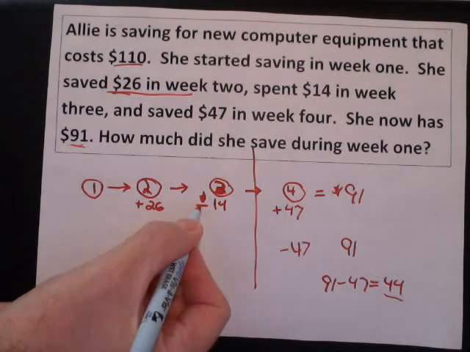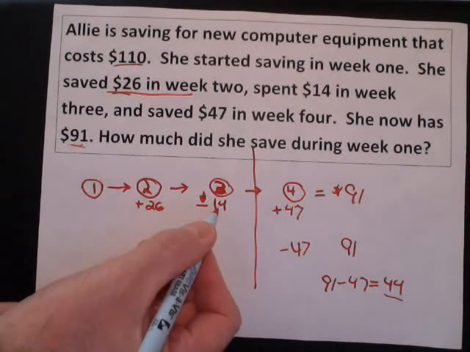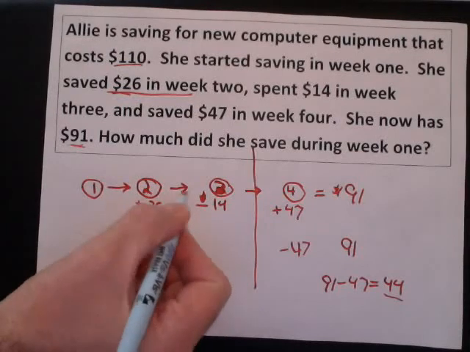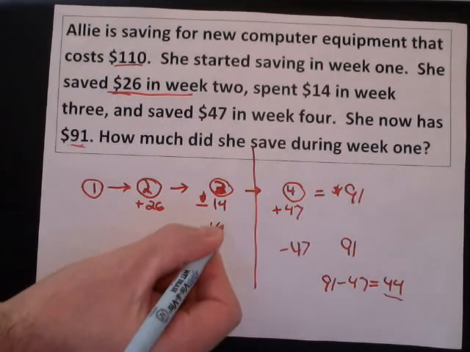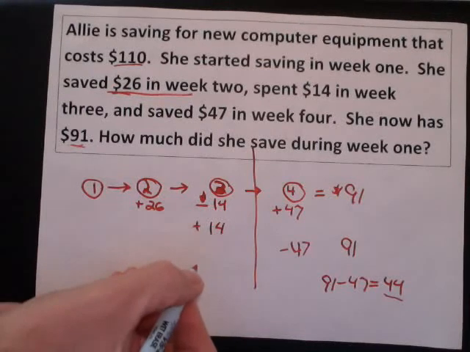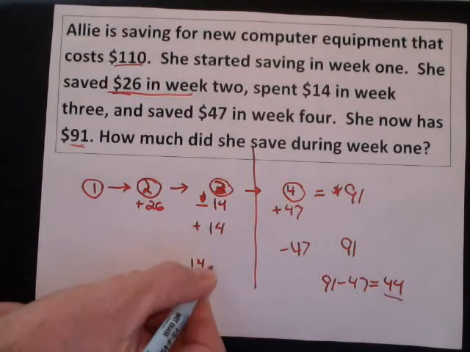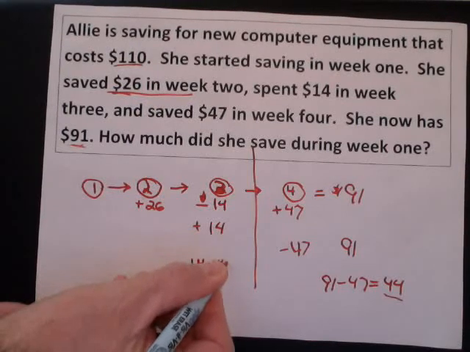During week 3, she had this $44. Well, this is a negative 14, so we want to know what did she have going into week 3. So we're going to take this 14 and turn it into a positive. So now we're going to take that 14 and add it to the 44.